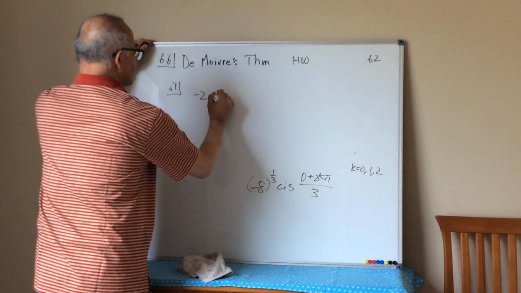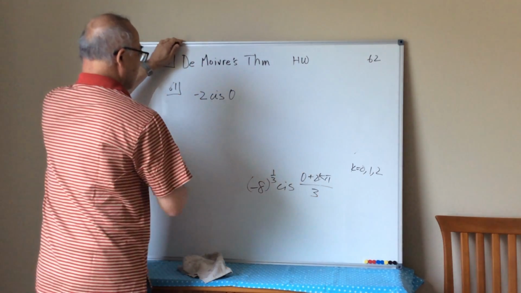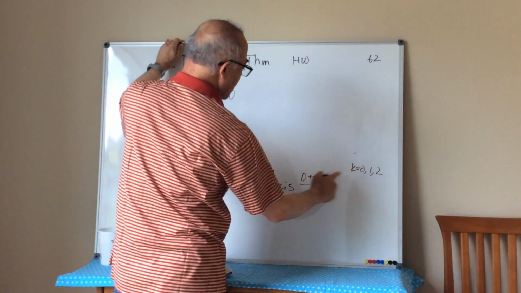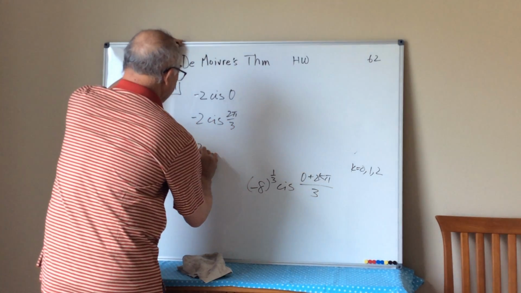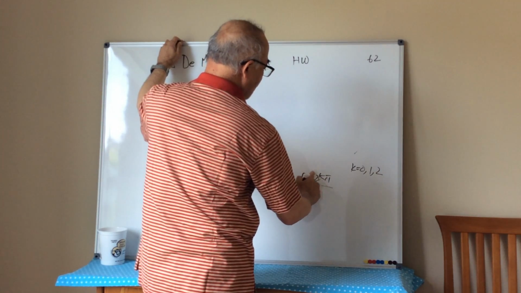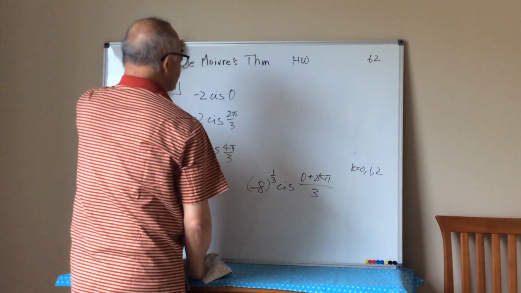Negative 2 cis, when k is equal to 0, I get 0. When k is equal to 1, I get 2 pi over 3. And when k is equal to 2, I get 4 pi over 3. So these are my 3 roots.